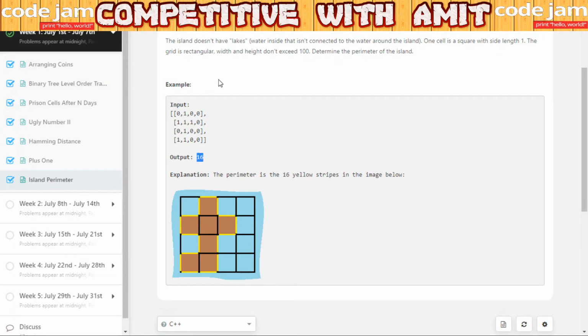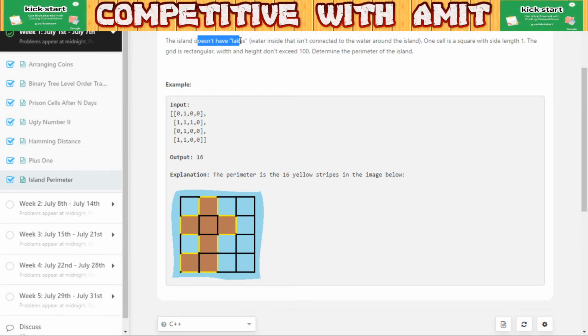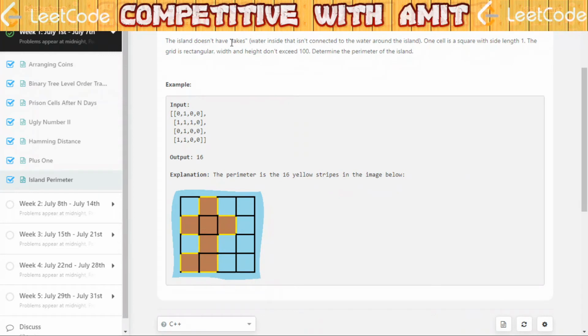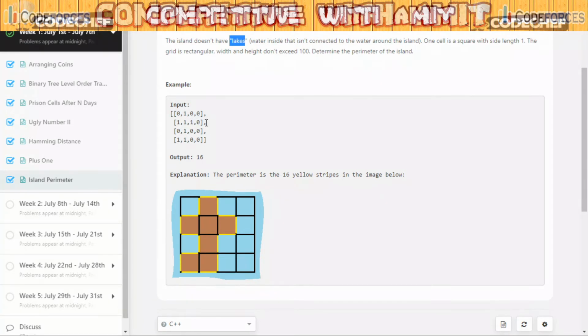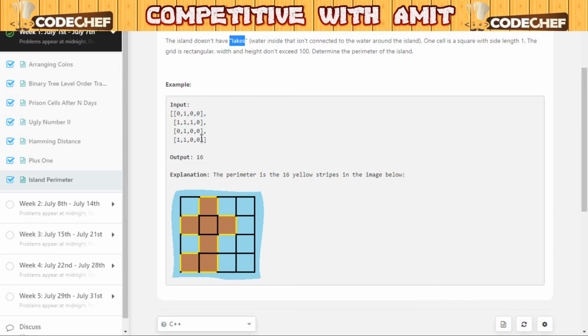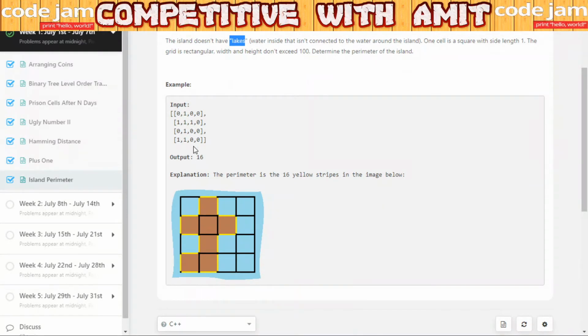Now one big observation in this question is that there are no lakes. It states that none of the 0s will come in between the 1s, meaning a 0 will not be surrounded by 1s under any condition.